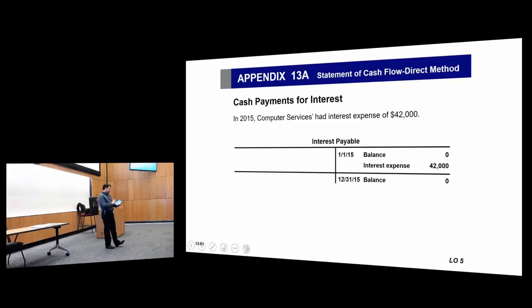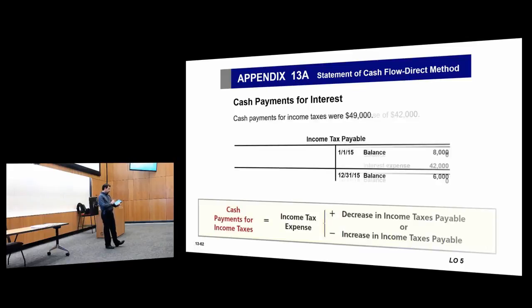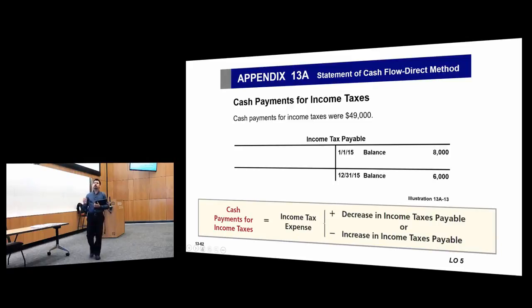Then you have cash payments for income tax. That's basically the same thing. You look at the income tax expense, and then you adjust for income tax payable to see whether there were changes in the liability account.